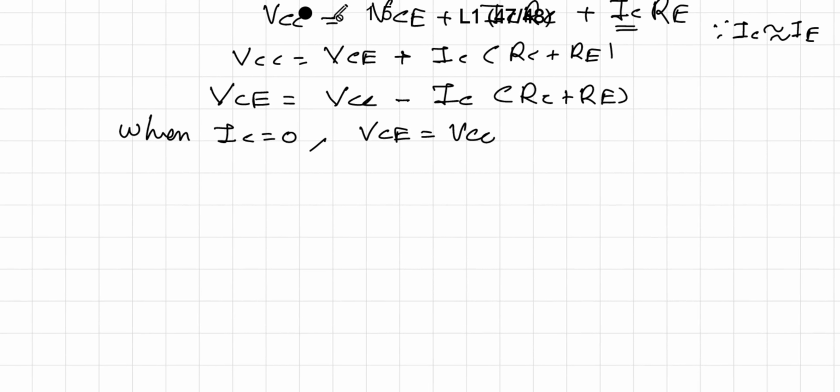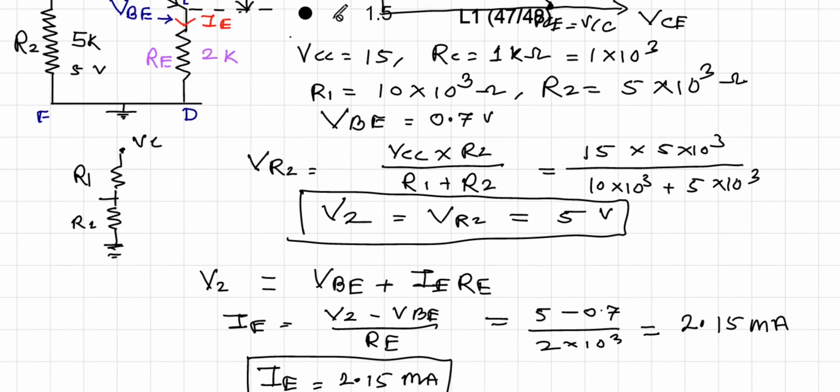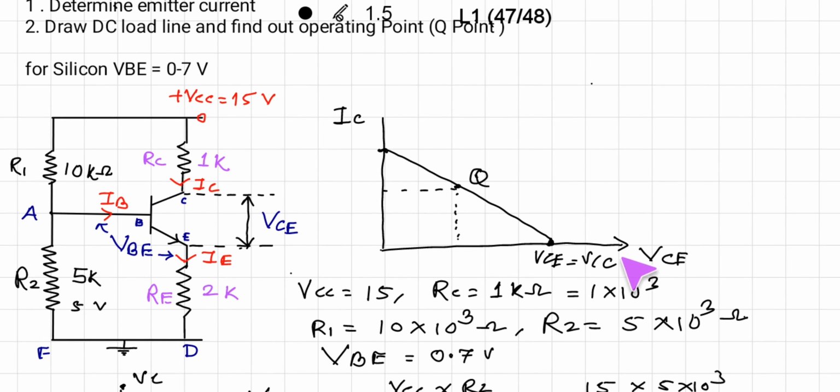Now when VCE is equal to 0, look here, this is the VCE axis, and at this point we get maximum current, that is IC is equal to VCC upon (RC plus RE). Because when VCE is equal to 0, the resistance between collector and emitter is almost 0.